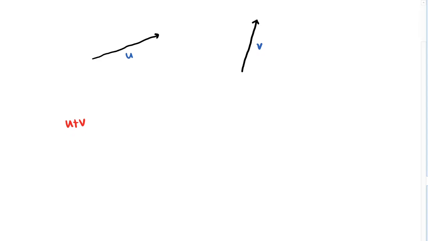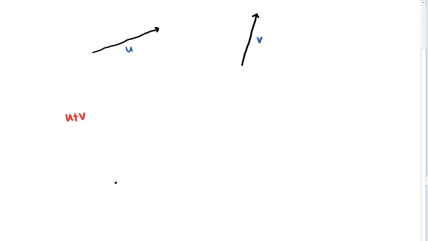the idea is that I take my vector u, so here's my vector u, and I can imagine taking a ball that started at this point, moving it along, and it ends at this point. Then if I add on the vector v, I'm taking that ball and moving it in the direction of v with the distance of v.